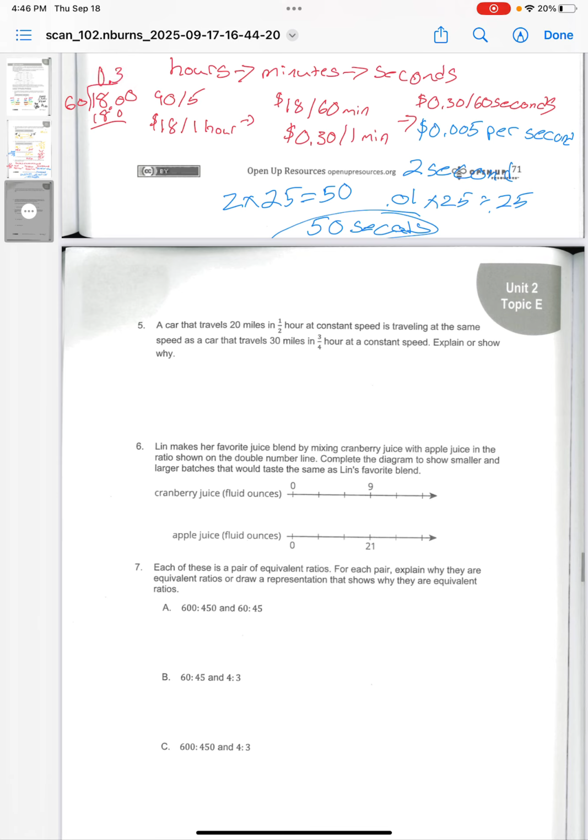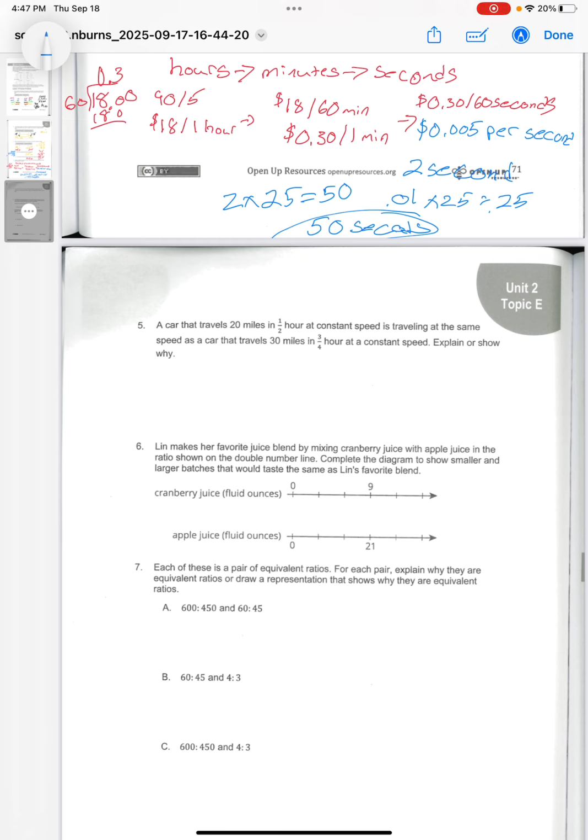Now, if we take a look at question 5, a car that travels 20 miles in half an hour at a constant speed is traveling the same speed as a car that travels 30 miles in 3/4 of an hour at a constant speed. Explain or show why.